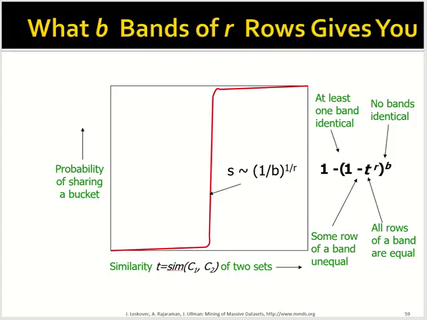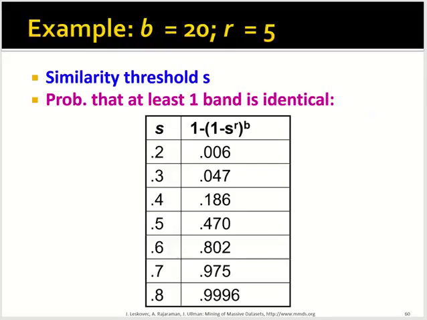graph. If we put in the calculations here, we will notice that if we take a similarity threshold like 0.2, the probability that at least one band is identical can be calculated based on this table here.